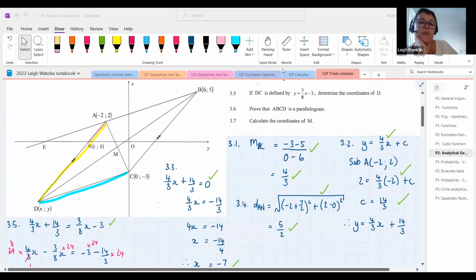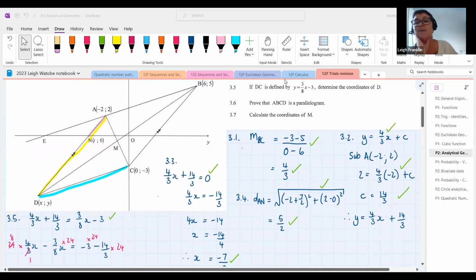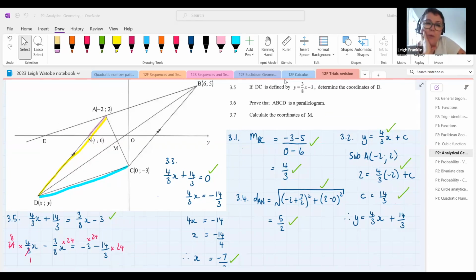So the worst thing that you can ever do with any of these questions is to make assumptions, assuming that things are equal when they're not, et cetera, et cetera. Okay, so no, here they definitely wanted you to do it this way. They wanted you to solve using the equations. All right, if we were told that AD equals DC, then we could perhaps use distance formula, but we can't just use one equation to solve for two different variables.